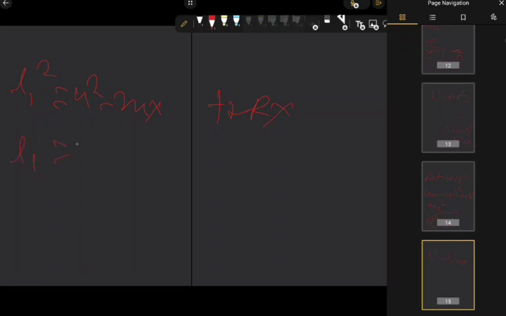Now L1 is equal to u square plus 2x times r minus u, to the power half, by taking the square root. And u will come out of this: u times 1 plus 2x times r minus u divided by u square, to the power half.